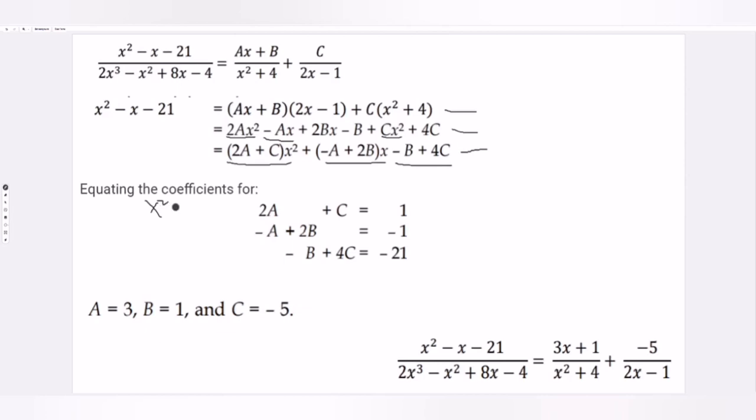In terms of x squared, we need to equate all the coefficients with x squared. So let's try the left side first. For x squared, we have coefficient 1. On the right side, just copy 2a plus c.